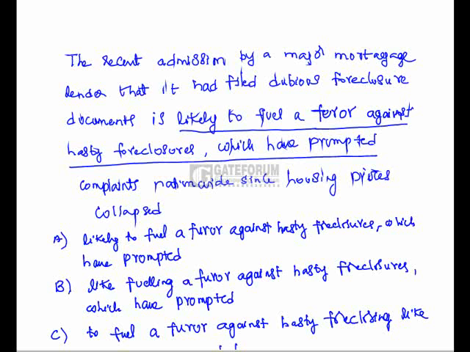Question on sentence correction. The recent admission by a major mortgage lender that it had filed dubious foreclosure documents is likely to fuel a furor against hasty foreclosures which have prompted complaints nationwide since housing prices collapsed.